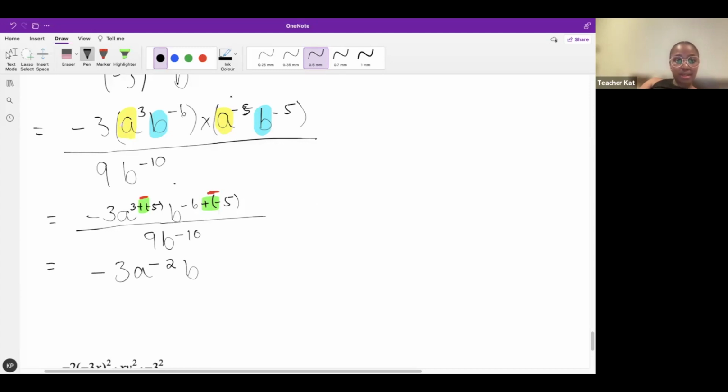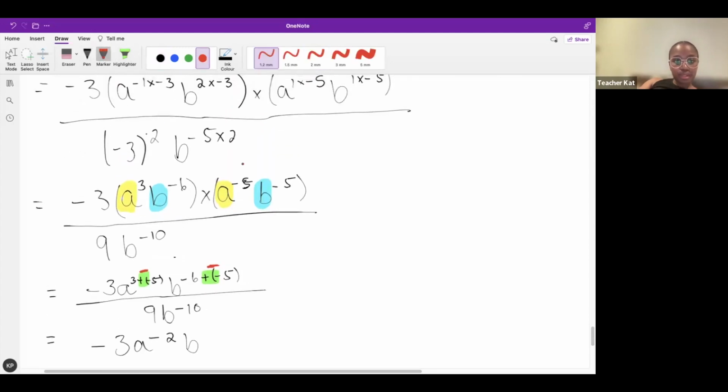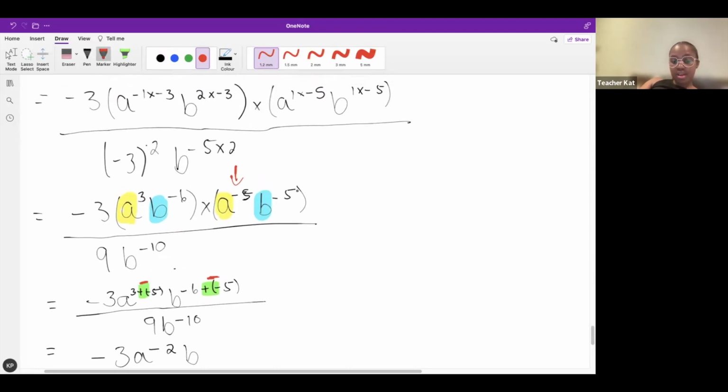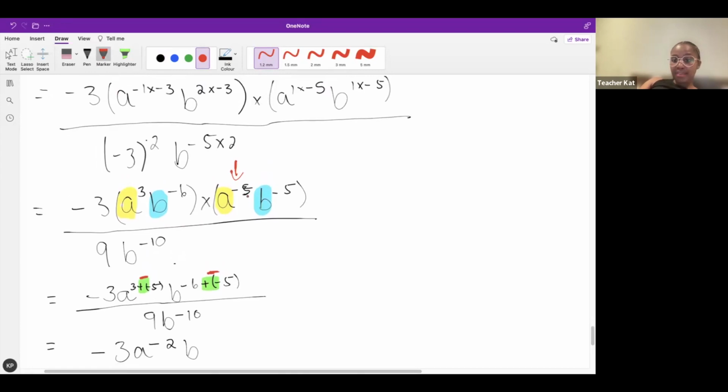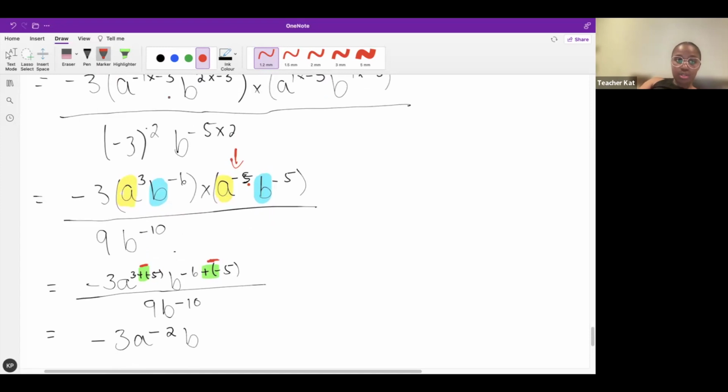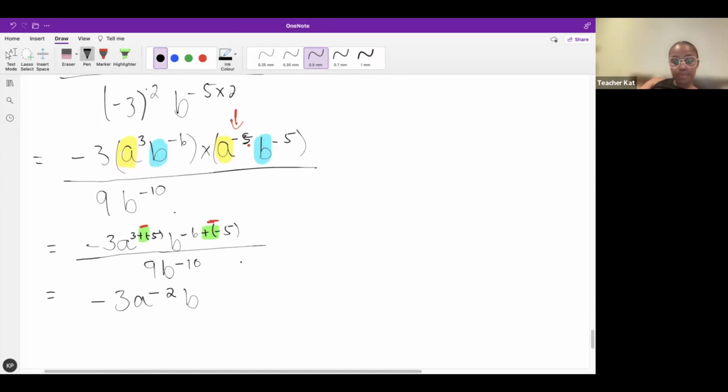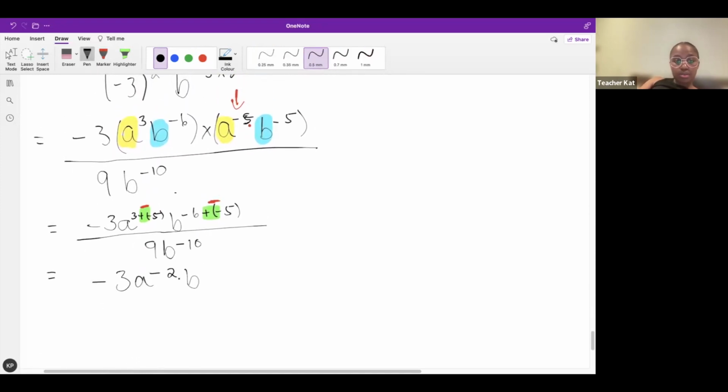A from here. Over here. Remember, it was 1 times -5, which gave us -5. And then we were adding the exponents. So yes, thank you. It's -11. And this is all over 9b to the power of -10.